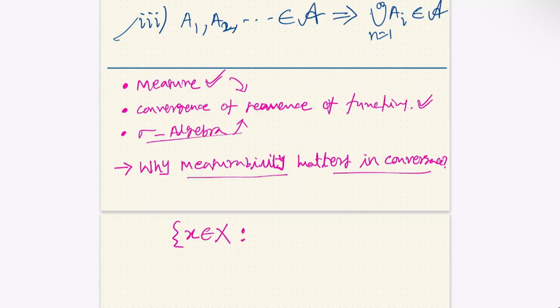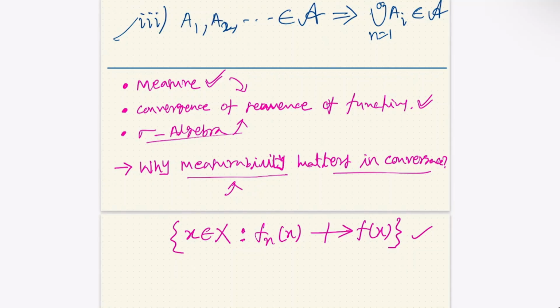So now the set where f_n(x) does not converge to f(x). Conversely, earlier we have seen the set of all x where f_n converges to f(x). Now think of this one, and why measurability comes into the picture.